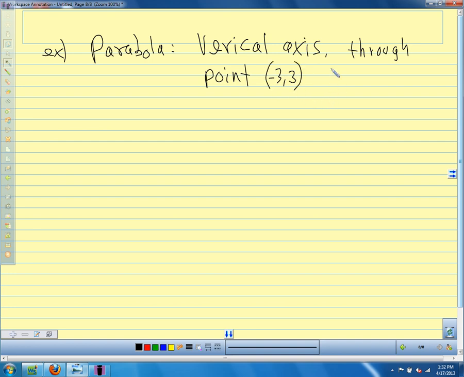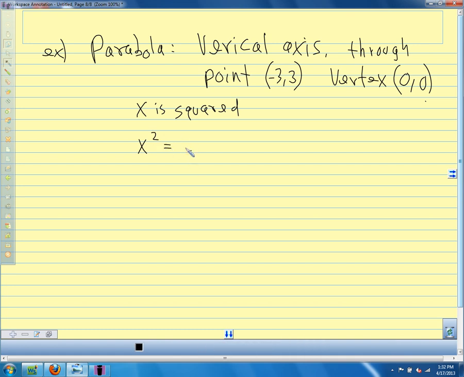And the vertex is at 0, 0. So let's figure out the things we know right away. Our axis is vertical, so our parabola opens up or down. So x is squared. Our vertex is at 0, 0, so we know that our equation is going to be x squared equals 4py.